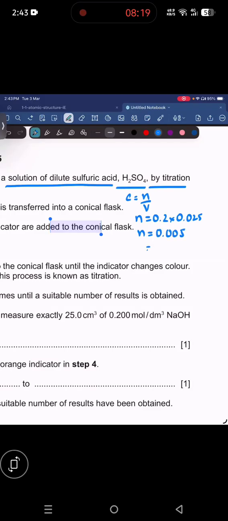Standard form is 5 times 10 to the power minus 3 moles. And these are the moles of what? Moles of sodium hydroxide.